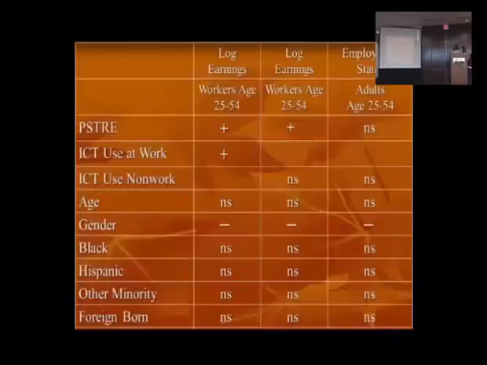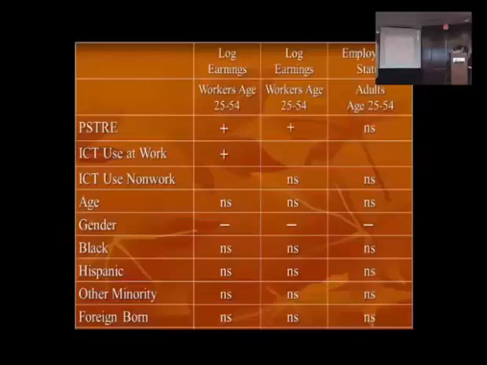Here's another summary of many, many analyses. We'll take the economic outcomes first. These are going to be very similar to analyses we saw in papers this morning. These are Mincer-like wage equations. I'm using log of monthly earnings for prime-age workers.